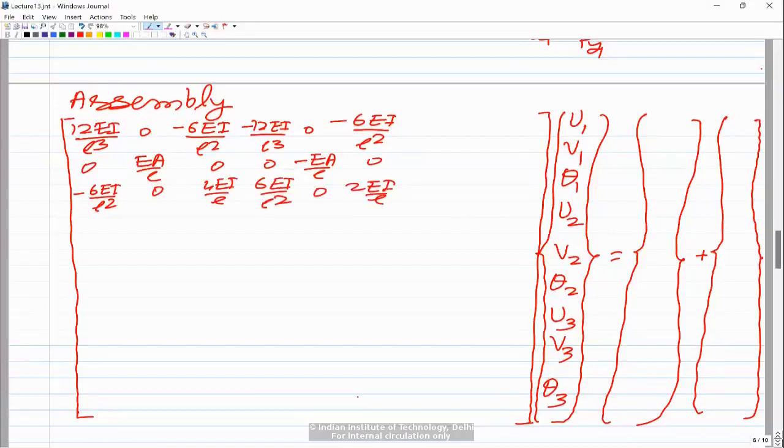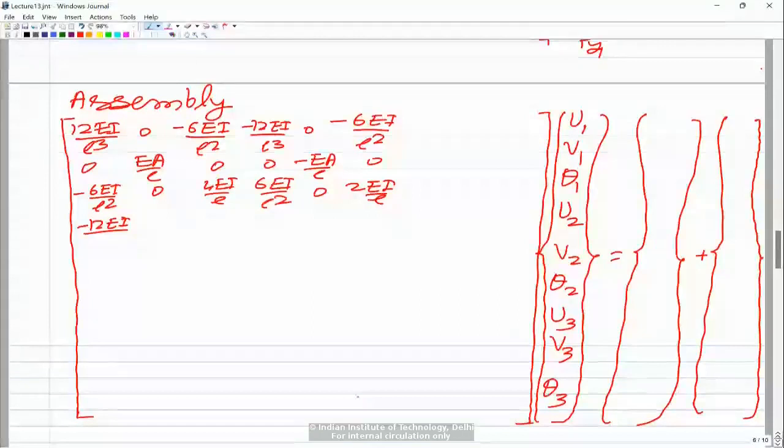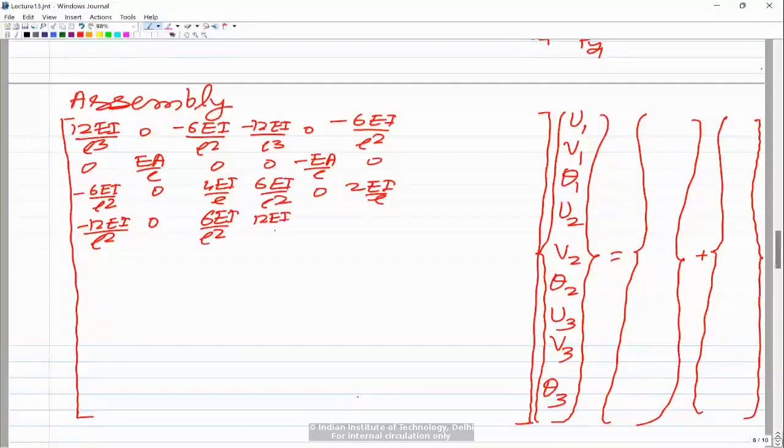Then the fourth row is minus 12 EI by L square, 0, 6 EI by L square, and then here you have 12 EI by L cube, and then we have 0, and then we have 6 EI by L square.